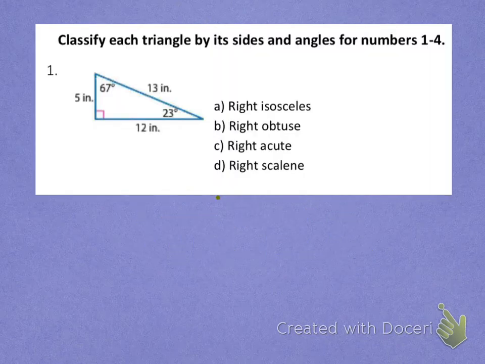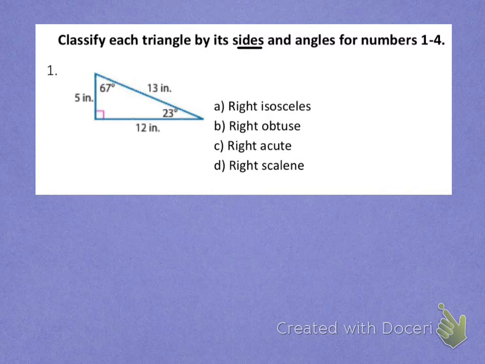If we look at number 1, it says to classify each triangle by its sides and angles. We've already practiced this, so the first 4 problems should be relatively easy. If we're going by its sides, we're going to look at, are the sides equal?